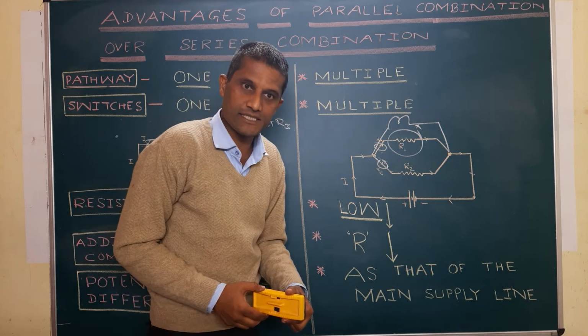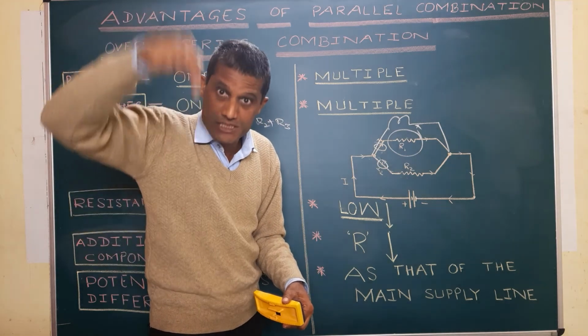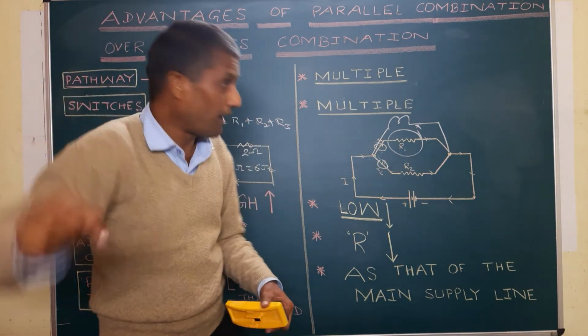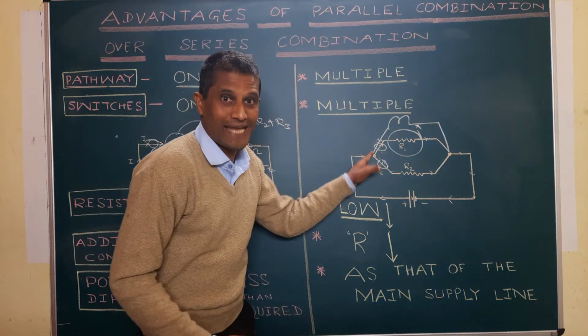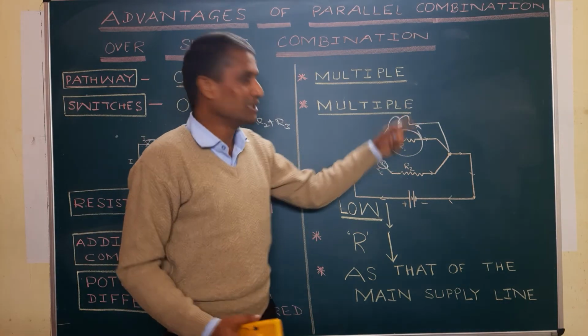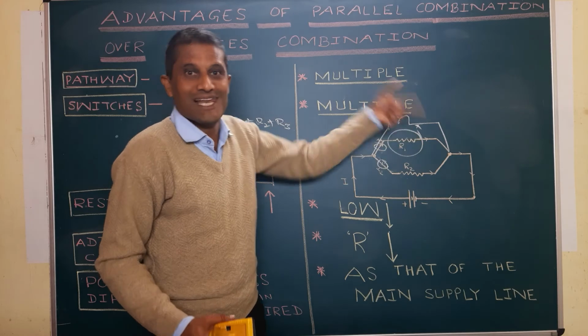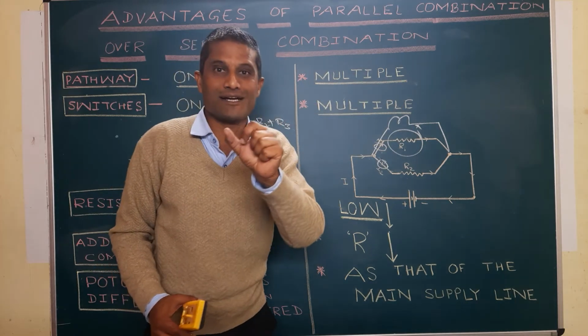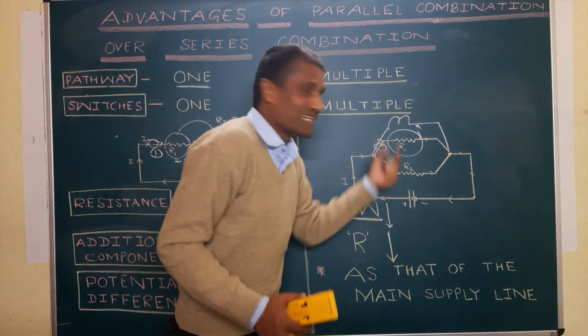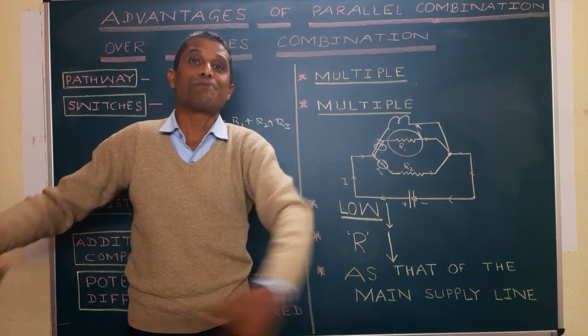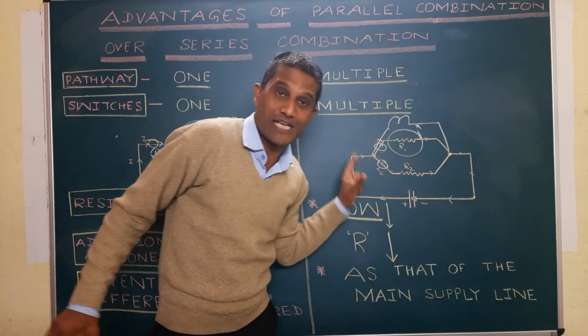Will the resistance increase? No. In parallel combination, resistance will fall even further. Why? Because current has got another path to flow through. So multiple paths means lesser opposition for the current to flow, and hence lesser opposition means current can easily flow through the circuit.